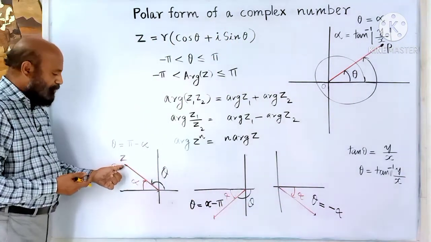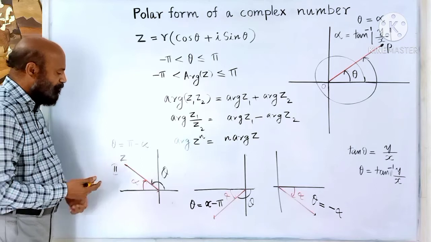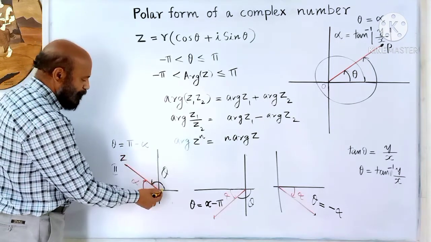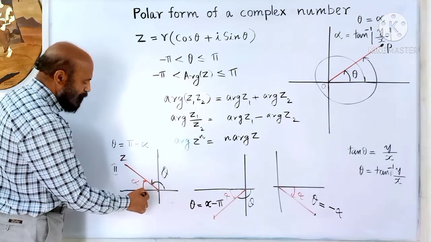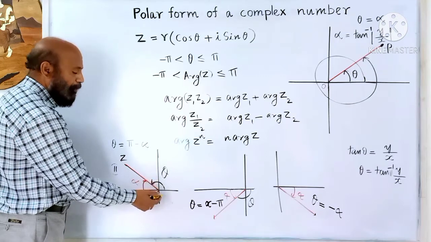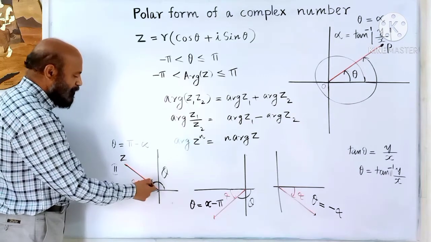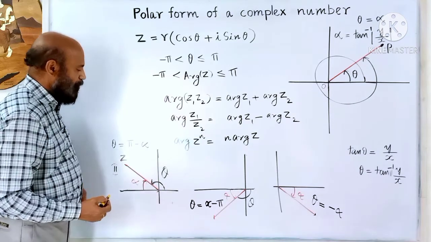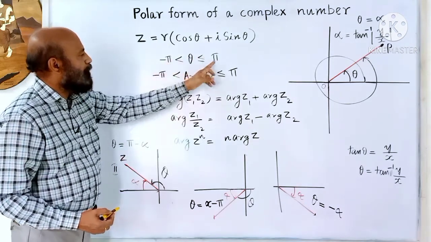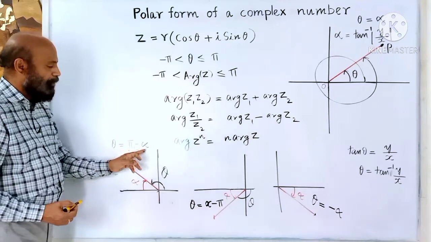When the complex number is in the second quadrant, theta is pi minus alpha. So now this is theta. So this is alpha. So theta is pi minus alpha. Then theta will be in between minus pi and plus pi.